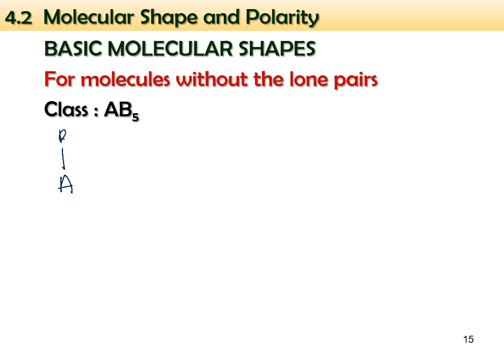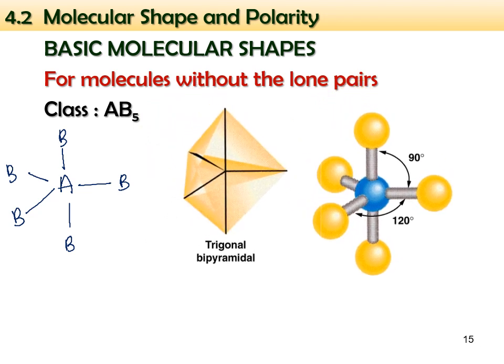So first bond, second kita letak sejauh mungkin atas satu, bawah satu. And then the next one kita buat di atas planar. 1, 2, 3. Okay, dalam bentuk Y begini. Okay. So, the shape ataupun geometry is called trigonal bipyramidal, and this is how we represent it lah, as molecular geometry.